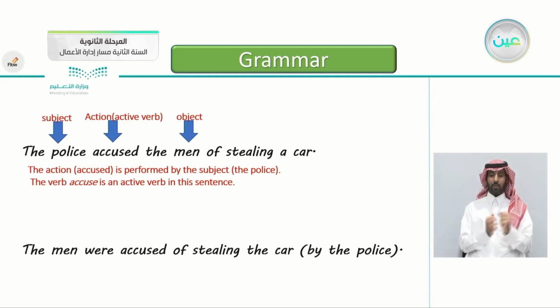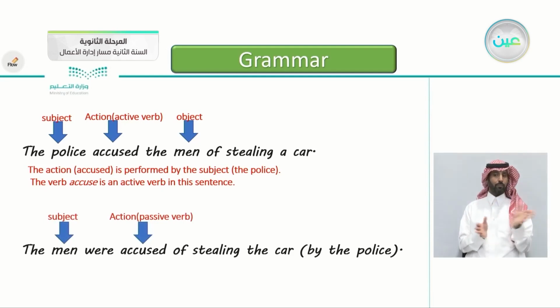You can notice here the action accused is performed by the subject, the police. So accused is a verb, and the doer of this verb is the police. The verb accuse is active in this sentence.